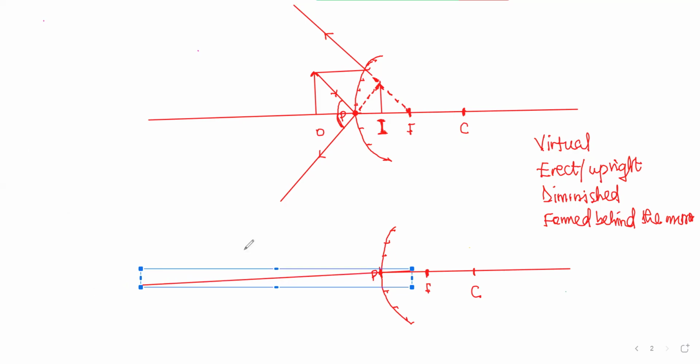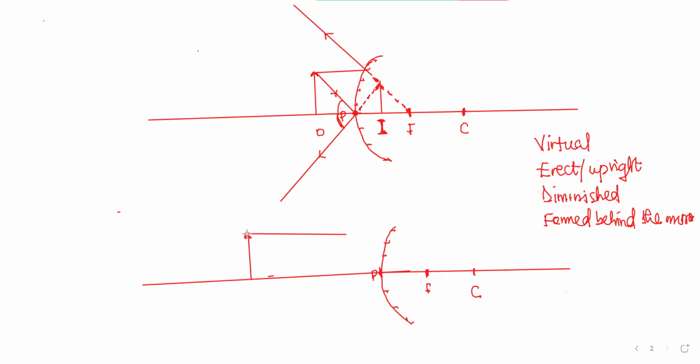So the object is here. The head is here. So using ray diagrams, let's form this.